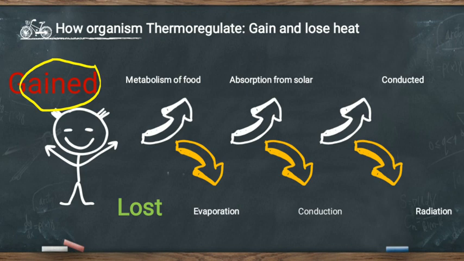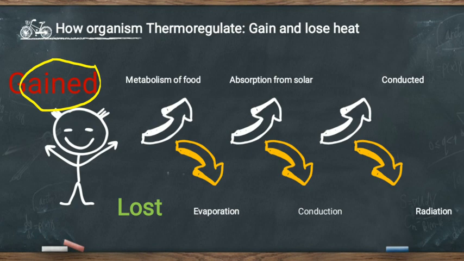Such reactions include respiration, and during respiration, heat is released, and organs such as the liver, which are among the most metabolically active organs, after respiration, the heat that is gained from respiration is distributed around the body by blood.